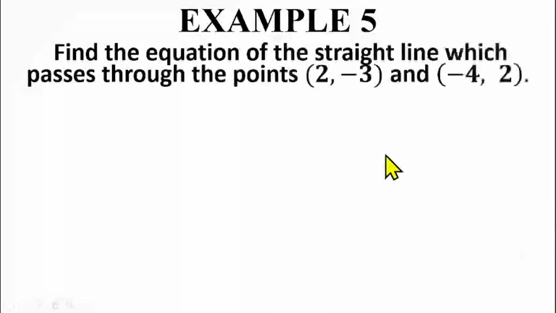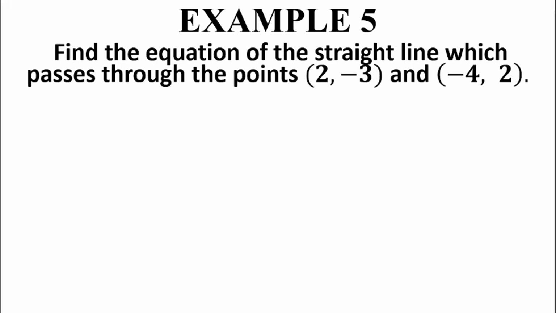So example 5 also. Now we have to find the equation of the straight line which passes through this point and this point. So in this case now we are looking for the equation of a straight line given the coordinates of 2 points that the straight line passes through.